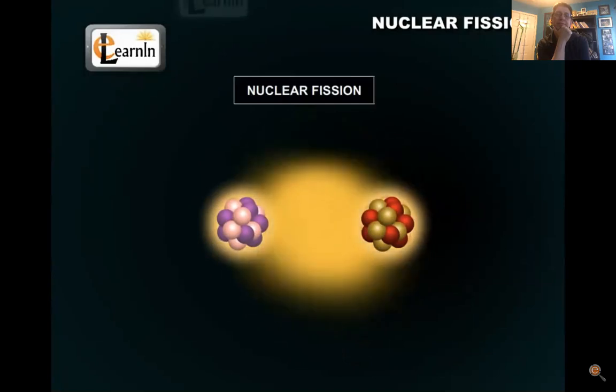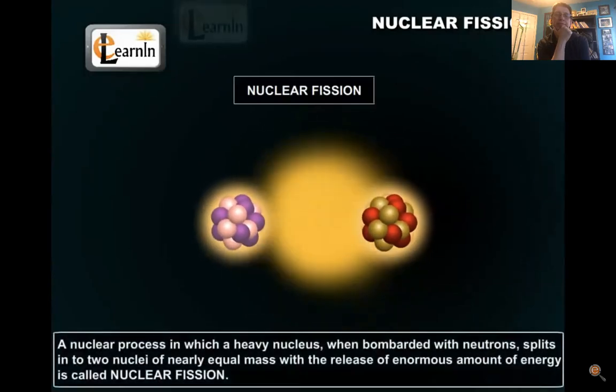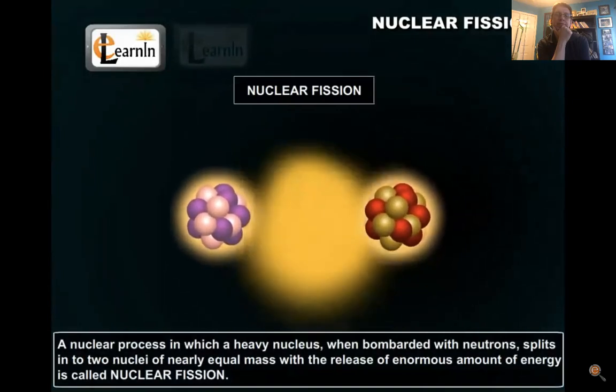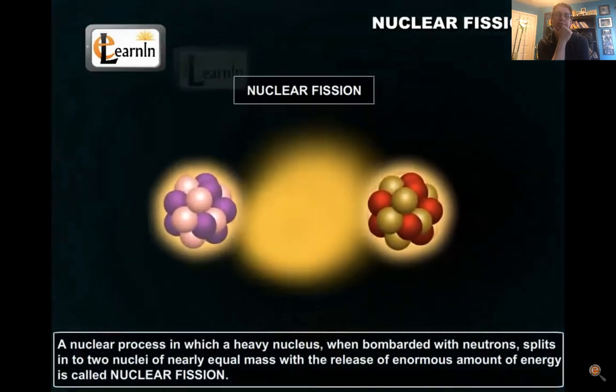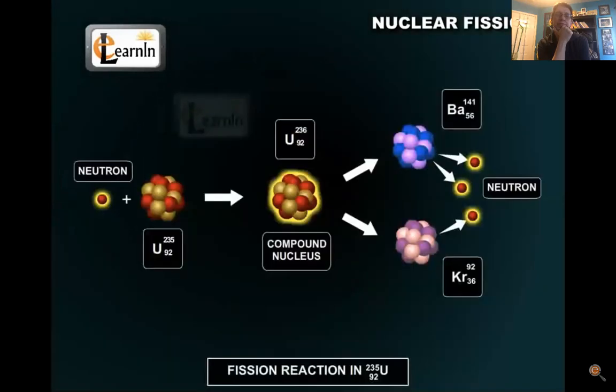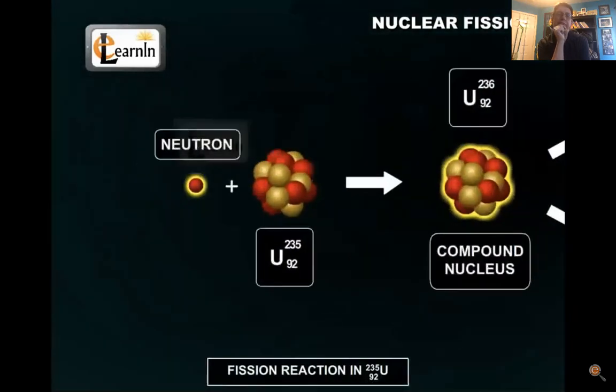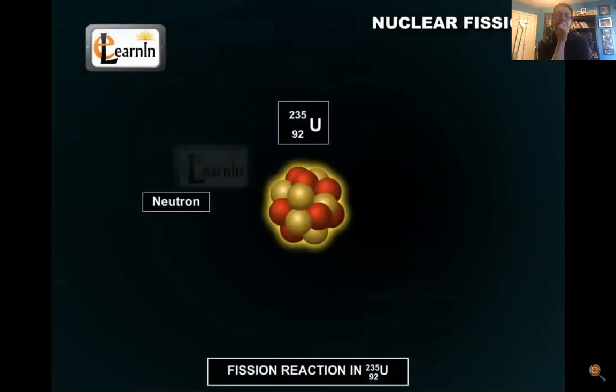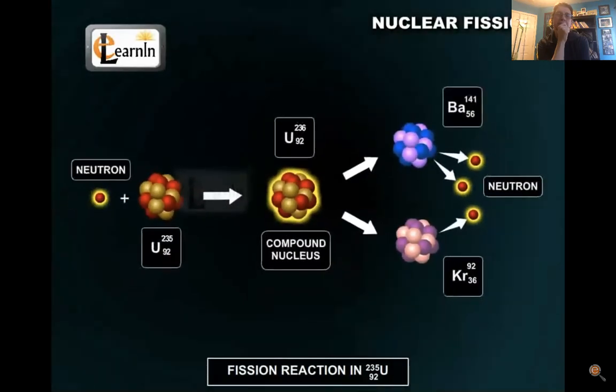So, a process in which heavy nuclei are bombarded with neutrons and split into 2 equal masses, releasing enormous amounts of energy, is called nuclear fission. In the process, uranium-235 initially absorbs a slow-moving neutron, thus forming a highly unstable compound nucleus, uranium-236. This is what triggers the nuclear reaction.